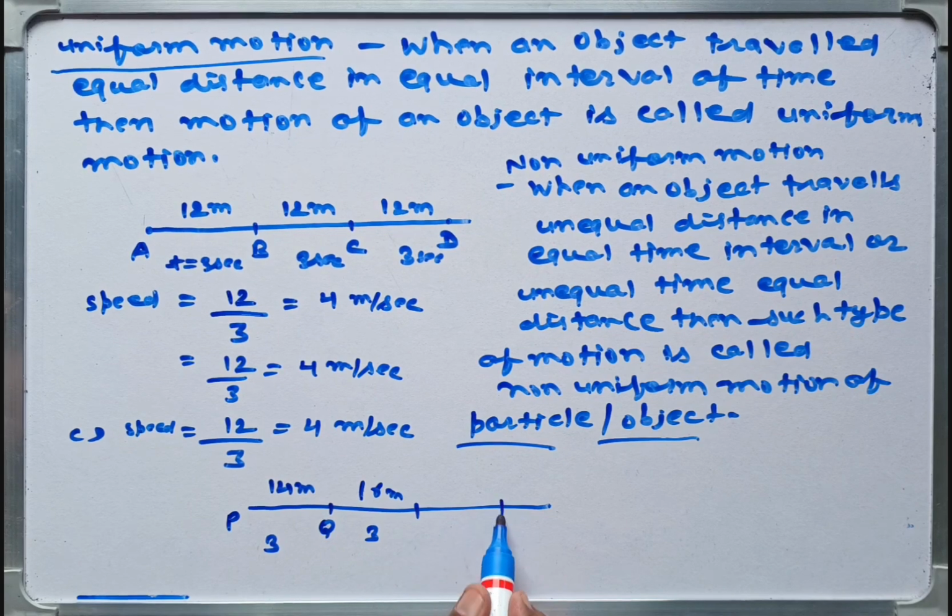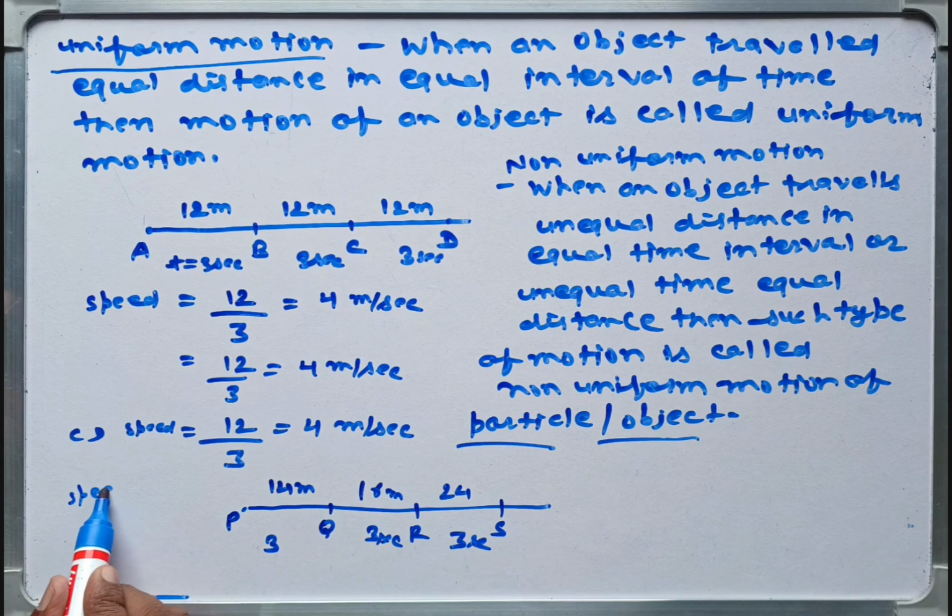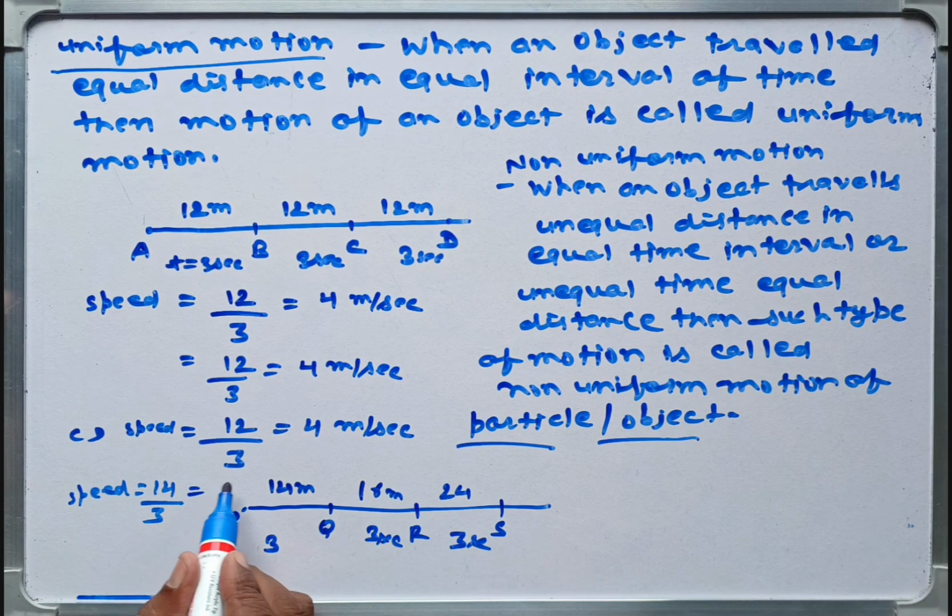And again this one, R to S, again in 3 seconds, suppose this is 24 meter. So what you see, in P to Q speed is 14 by 3, so this will come 4.666 meter per second.